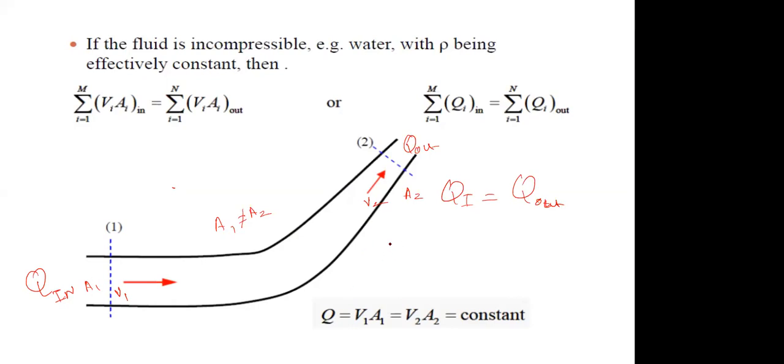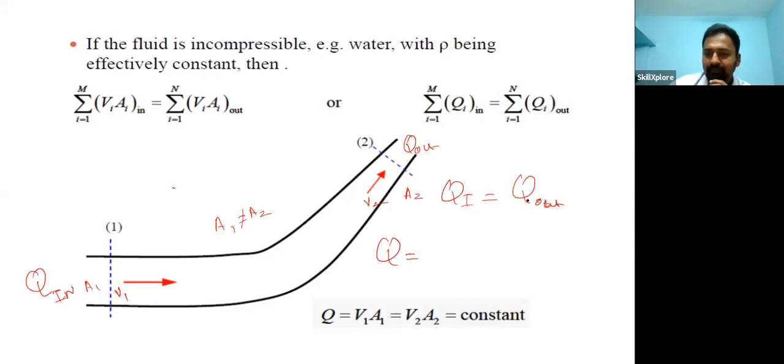So we all know that Q input is equal to Q output. So commonly Q is equal to V1 A1, which is equal to V2 A2. Here the area is decreased and velocity is increased. Area and velocity are inversely proportional, and the product is constant.